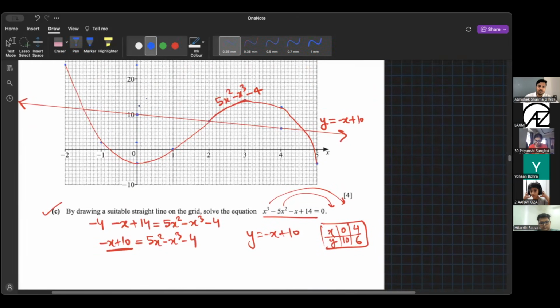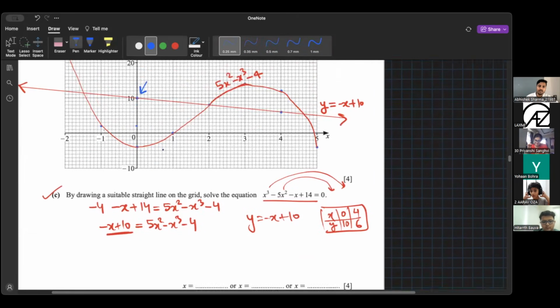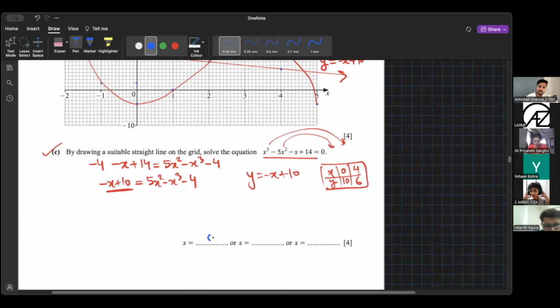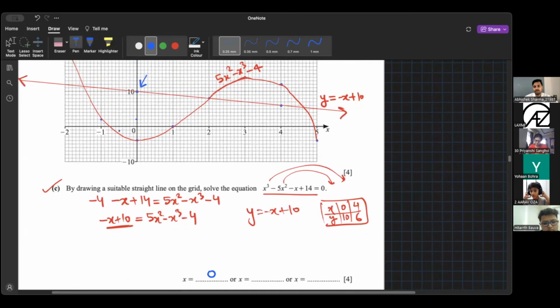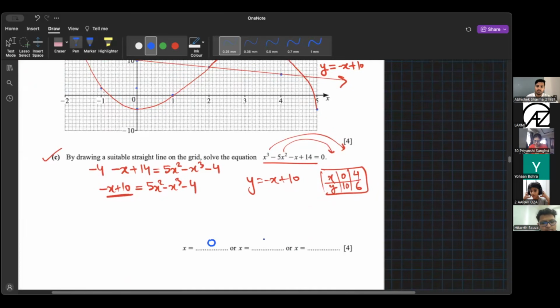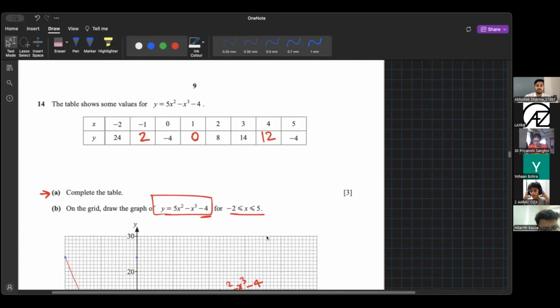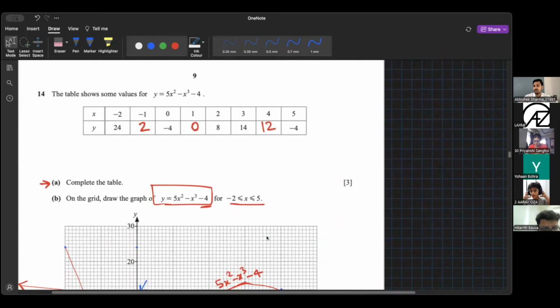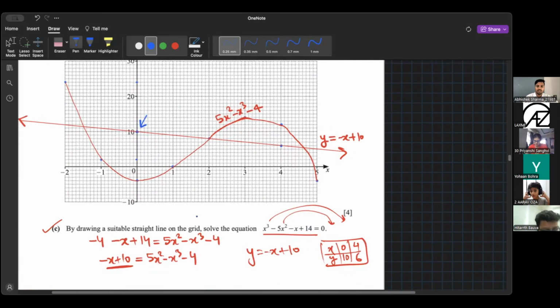The first point of intersection is... here x is 0, here x is 2.